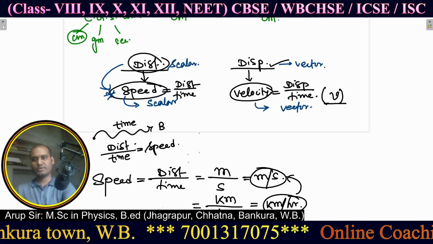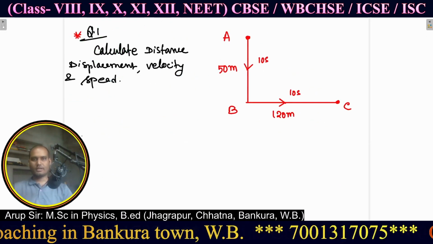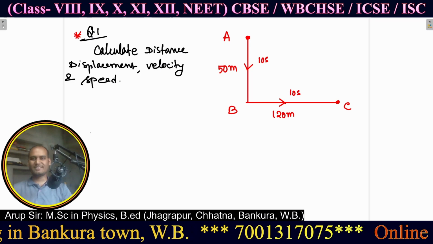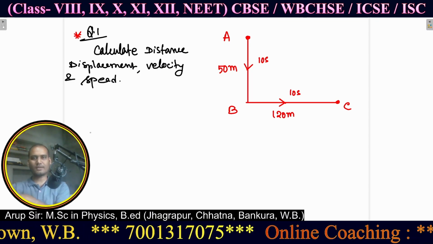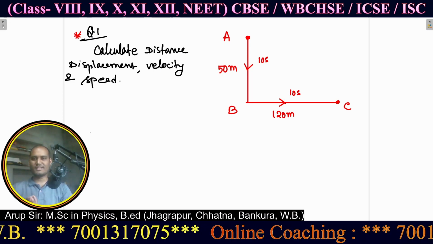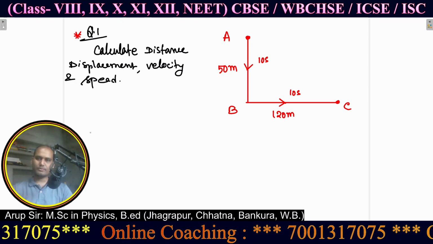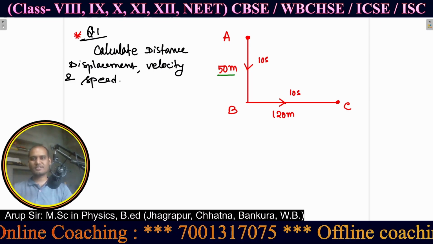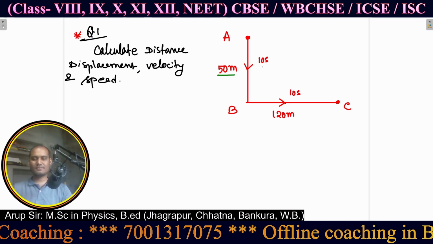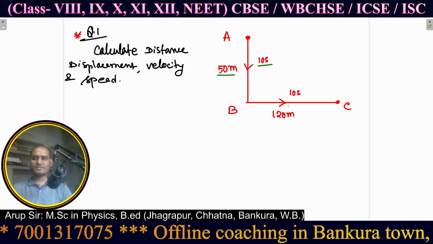Now we are going to some calculative part. Here the questions are numericals: calculate distance, displacement, velocity and speed for this journey from A to B, and then from B to C. For A to B the distance, meaning path length, is 50 meter, taking 10 second to travel.